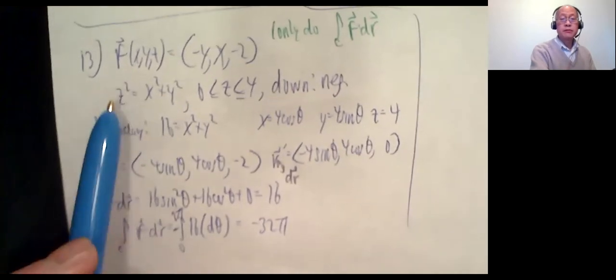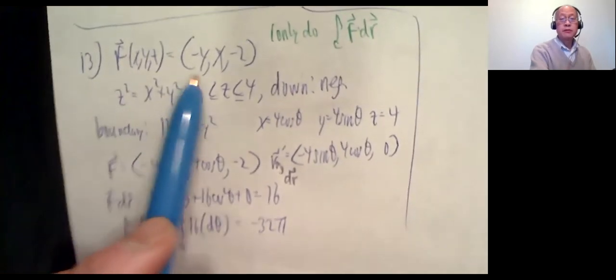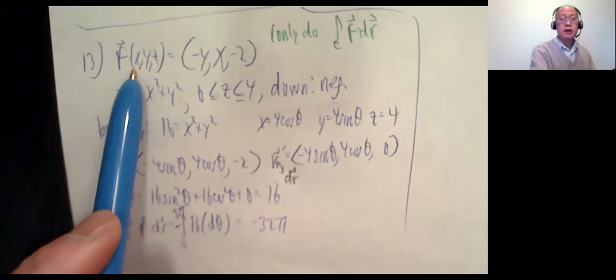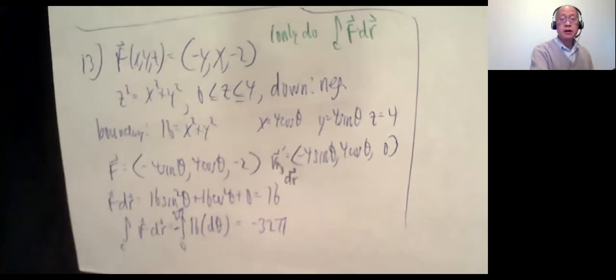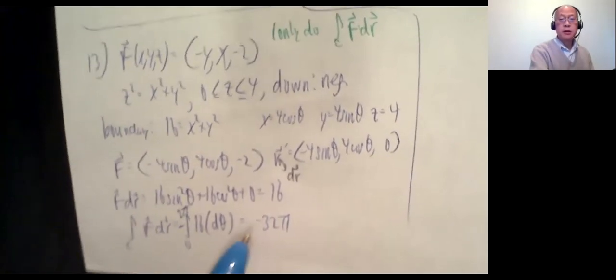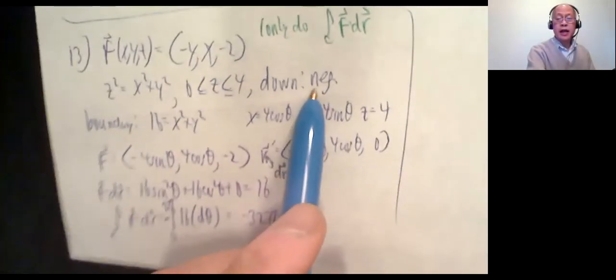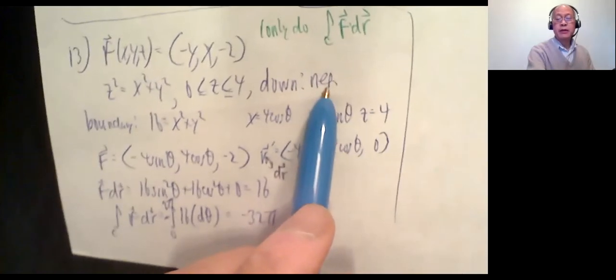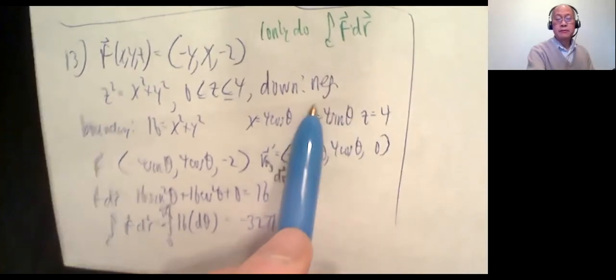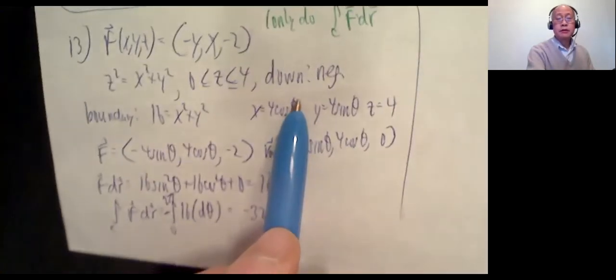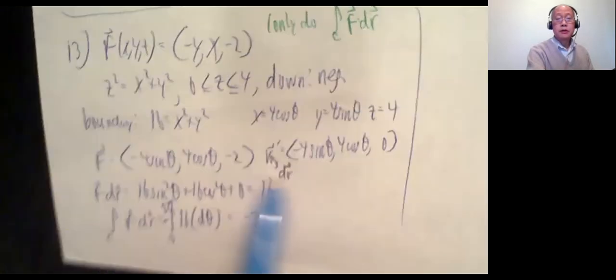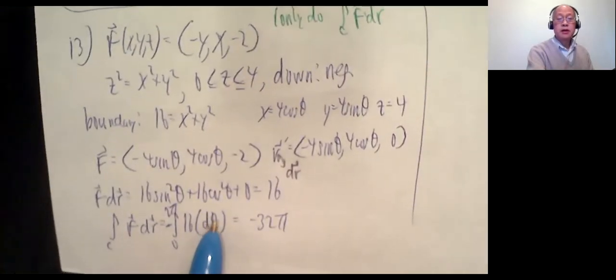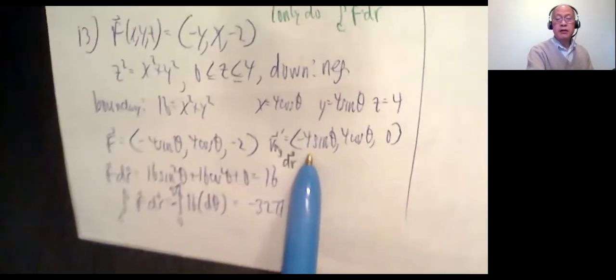That little thing to the right of F. This one here? No, up there, negative 4 sine theta, 4 cosine. What is that? Is that vector R, negative 4 sine theta, 4 cosine theta, 0? Oh, yeah, right here.